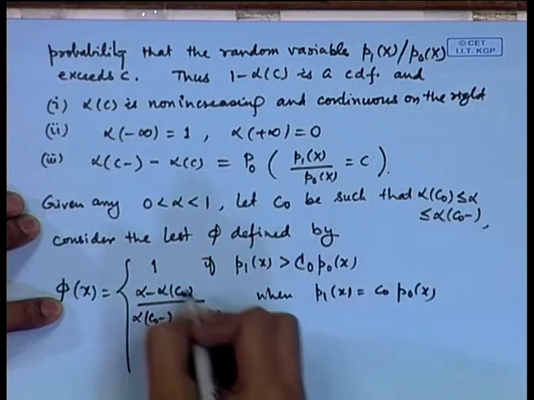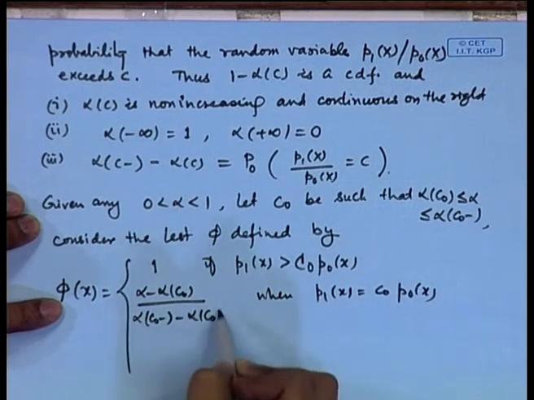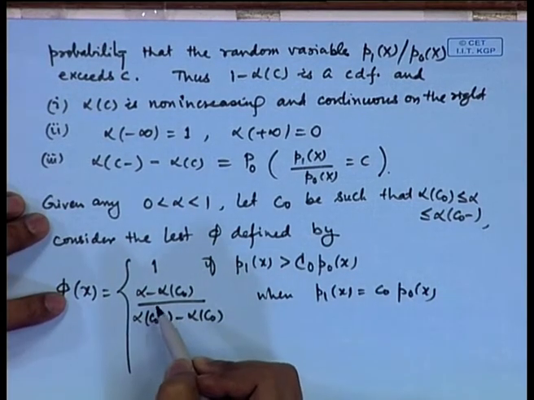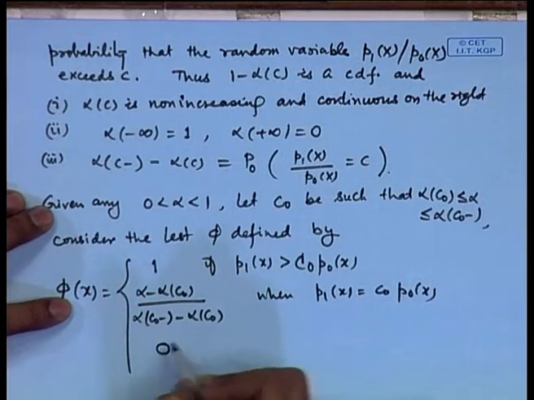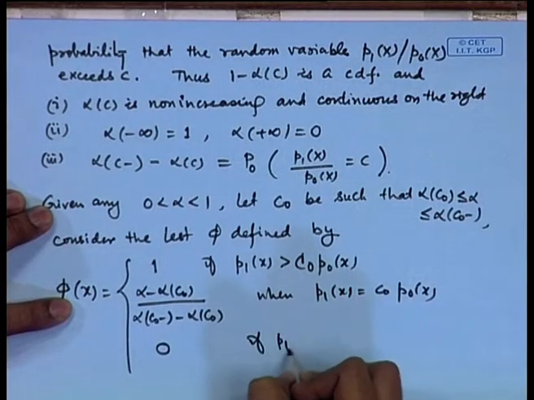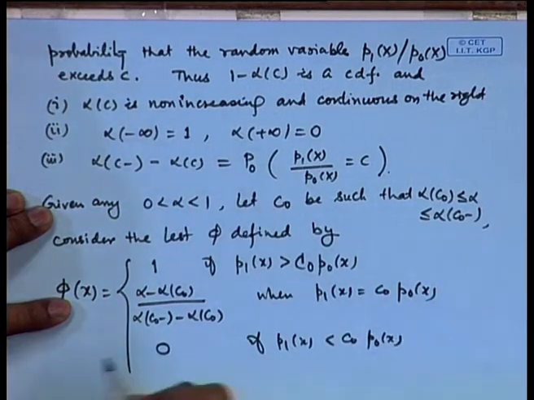So, this is the randomization as I was mentioning earlier, that when there is equality we put some value, because finally we want to achieve the size alpha. And it is 0 if P 1 x is strictly less than c naught P naught x.